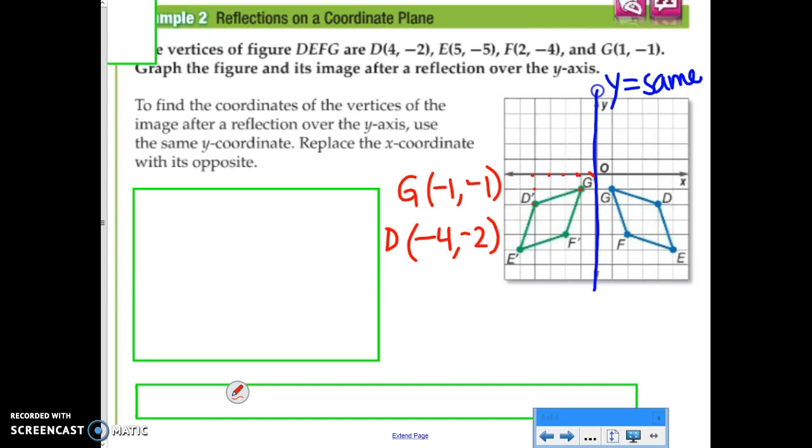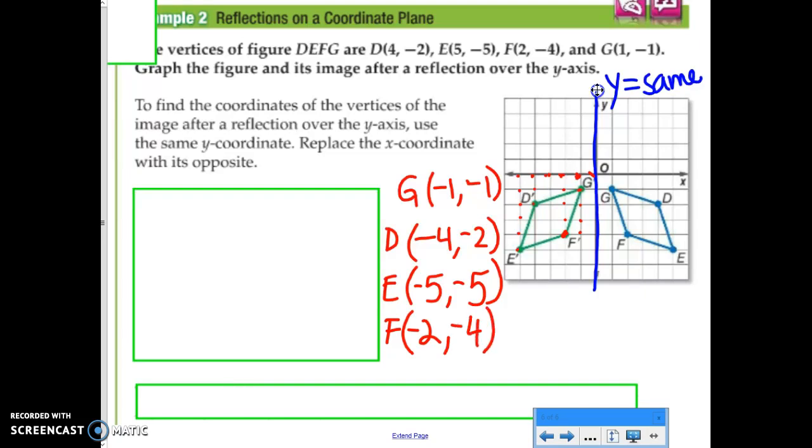Over here again, I move 1, 2, 3, 4, 5 to the left for point E. Left meaning negative, and down 1, 2, 3, 4, 5. Down 5, and remember that means negative. And then point F, I move 2 to the left, and down 1, 2, 3, 4 for my F. Down 4 would mean a negative 4.